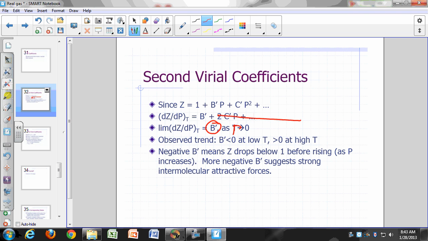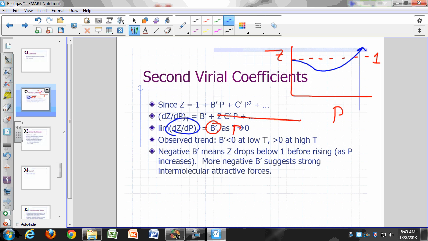So what does that mean? If you have a plot of Z versus pressure, what did we say the ideal plot looks like? Z is equal to 1. It's just constant, right? What would the real plot look like typically? Below the critical temperature, it's going to dip and then go up, right? So if you were just to eyeball that plot, how would you determine B prime? It's the limit of the derivative of Z with respect to P as pressure approaches 0.